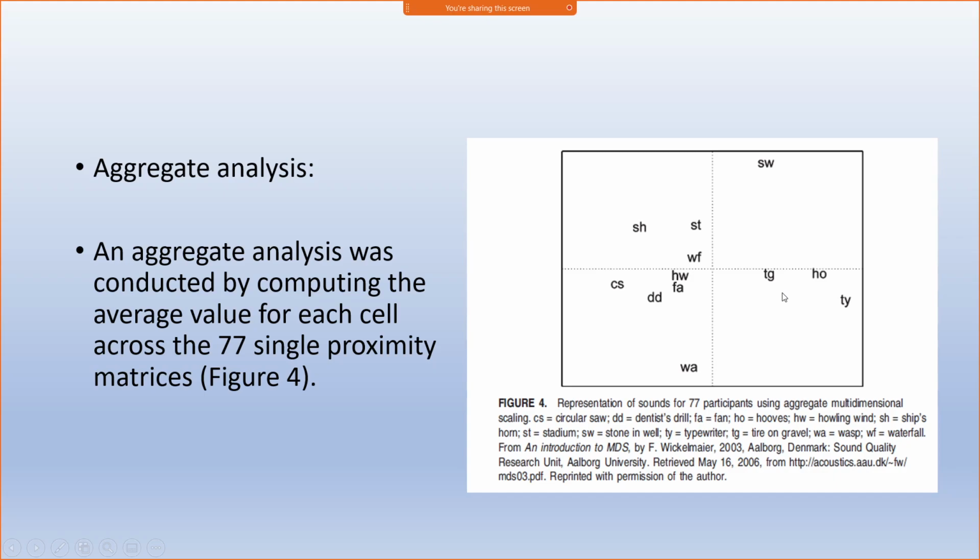But you have TG. TG is what? Tire and gravel. HO is hoops, and TY is typewriter. They are clustered in one group. And you have WA, wasp, and SW, which is stone in well, quite further away from the other two groups.